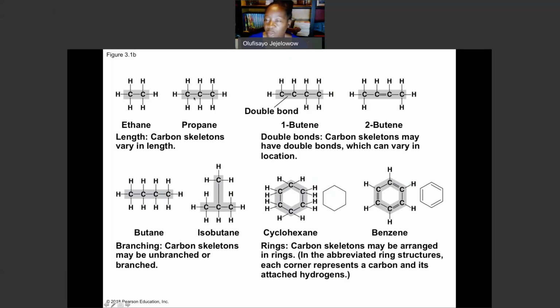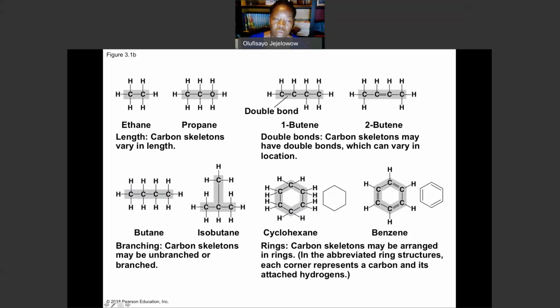Propane, 1, 2, 3. 3 carbon atoms share electrons. This one shares 1 electron with the middle carbon atom, and the right side carbon atom shares 1 electron with the central carbon atom. Because the central carbon atom is sharing electrons with 2 carbon atoms, it has only 2 electrons left to share with 2 hydrogen.